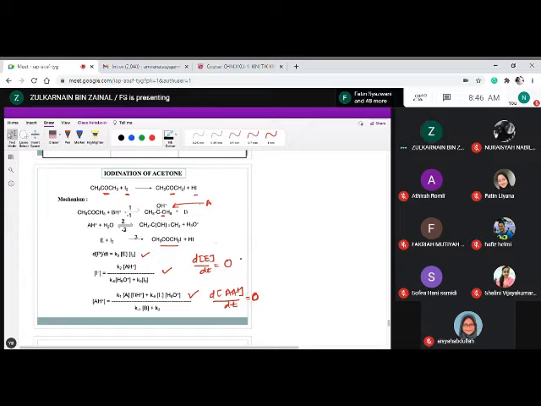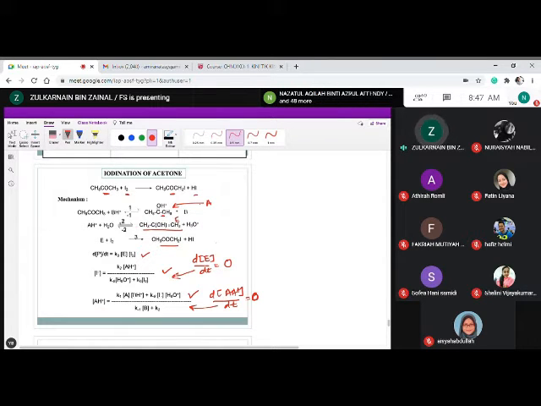That will take a few steps to get from here to here, because you have to consider all the steps that involve E. For E, there are three steps that involve it.